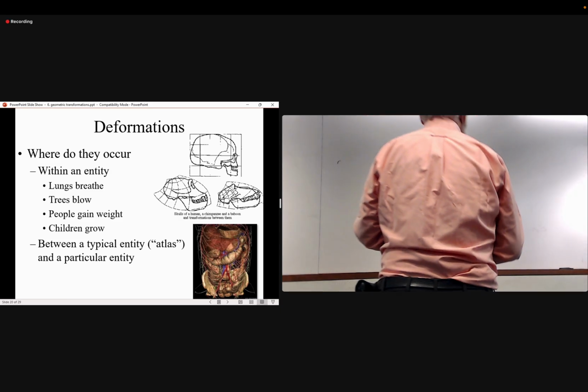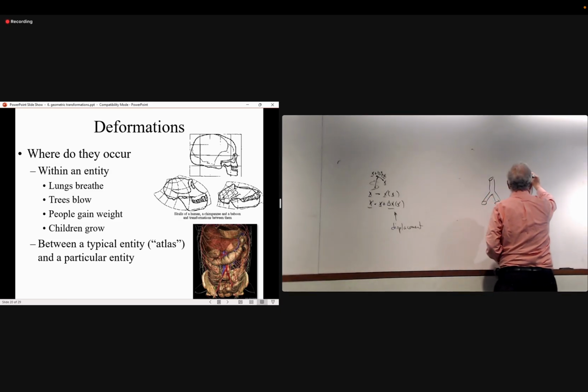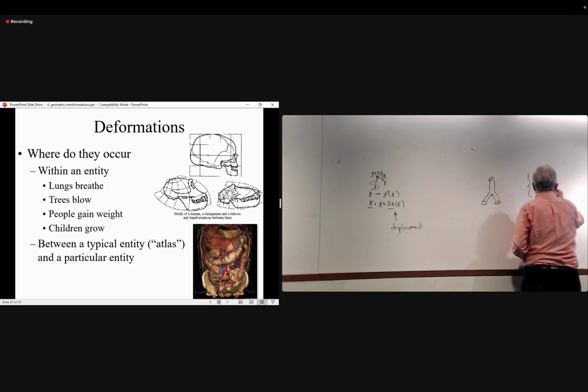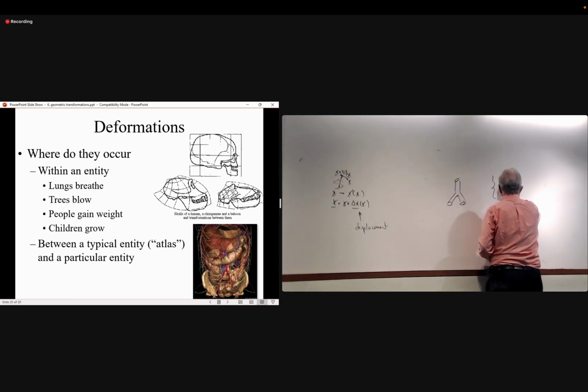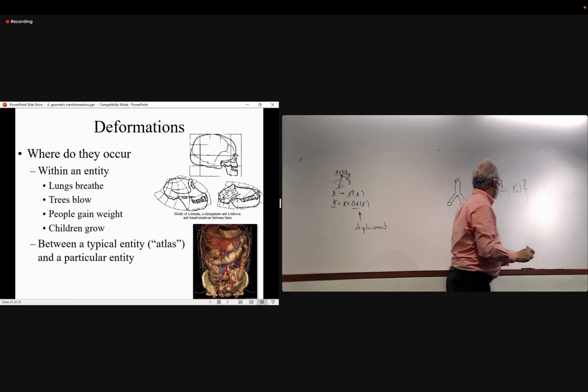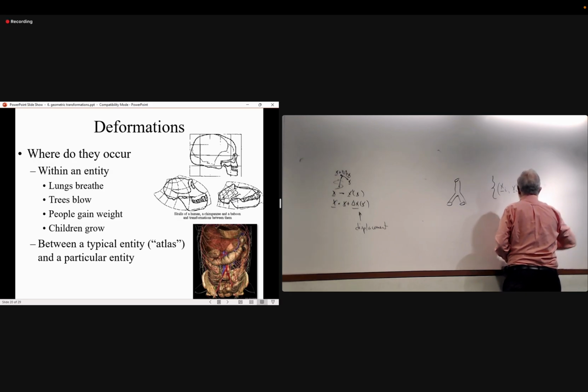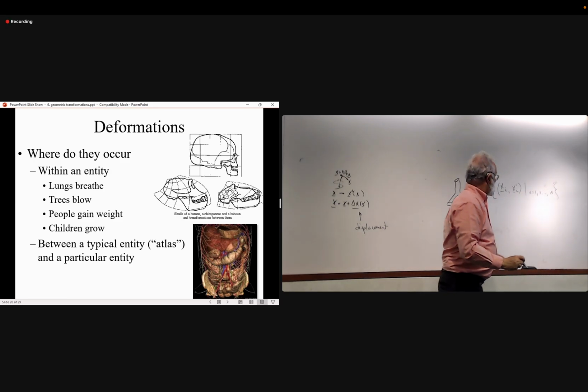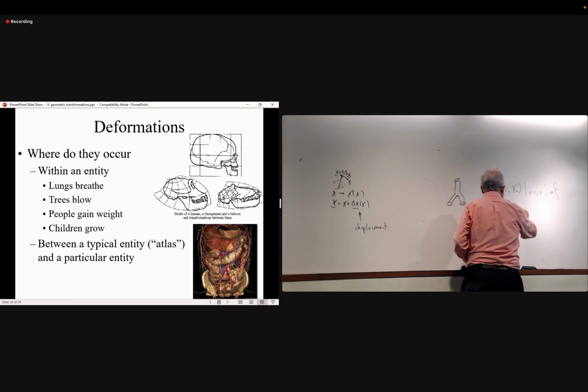And so what we're given is a collection of landmarks, x of i, and their associated x prime of i, for a bunch of landmarks, i equals 1 and so on. Right, so we know that this place moved to that place, and this place moved to that place, and so on.